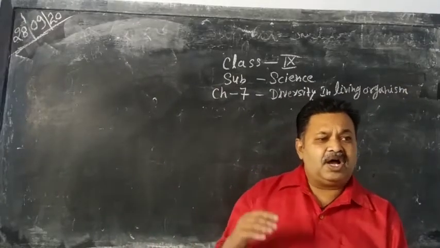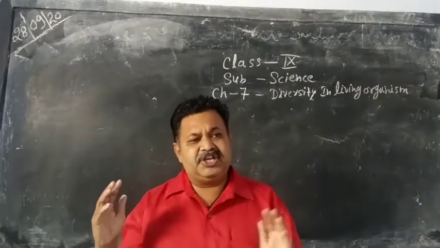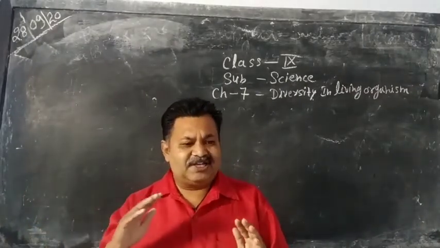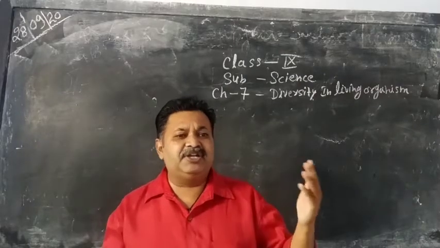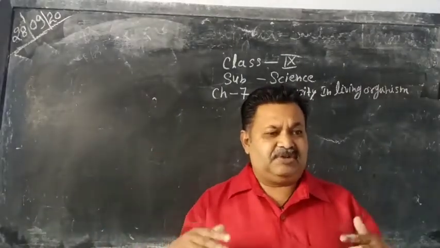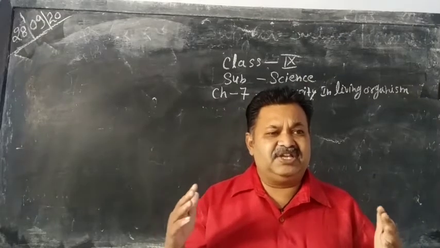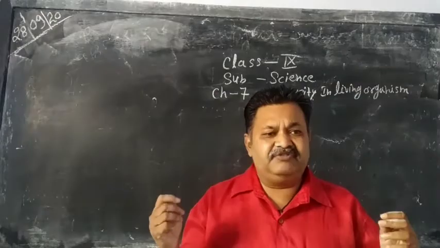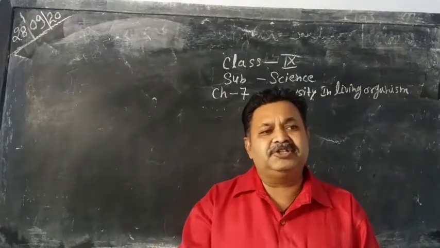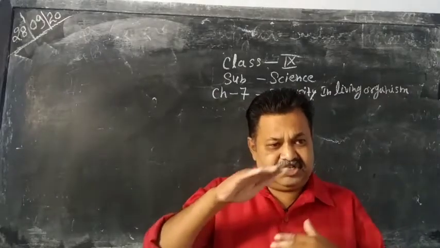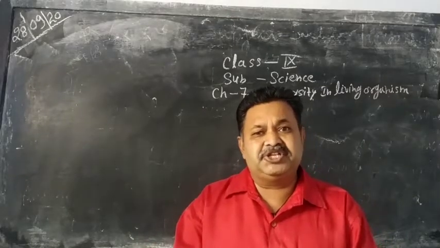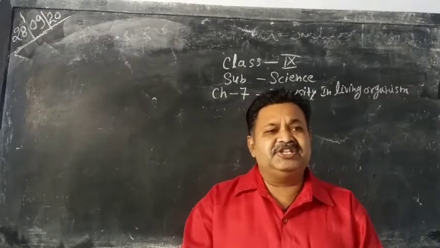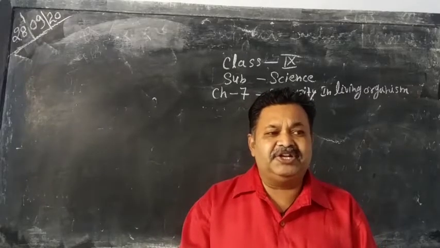Evolution means how organisms adapt to changing environmental conditions over an evolutionary period, and this gives rise to new types of species. These changes take place in the environmental conditions.